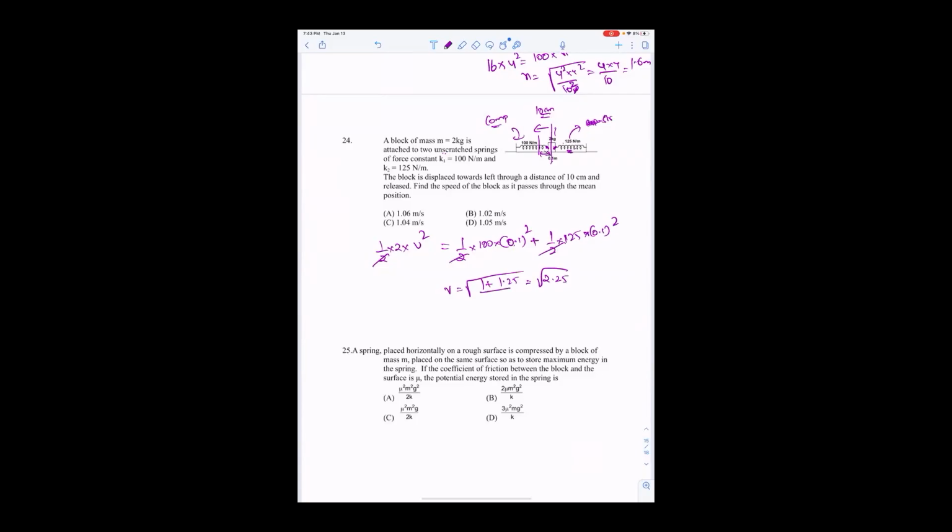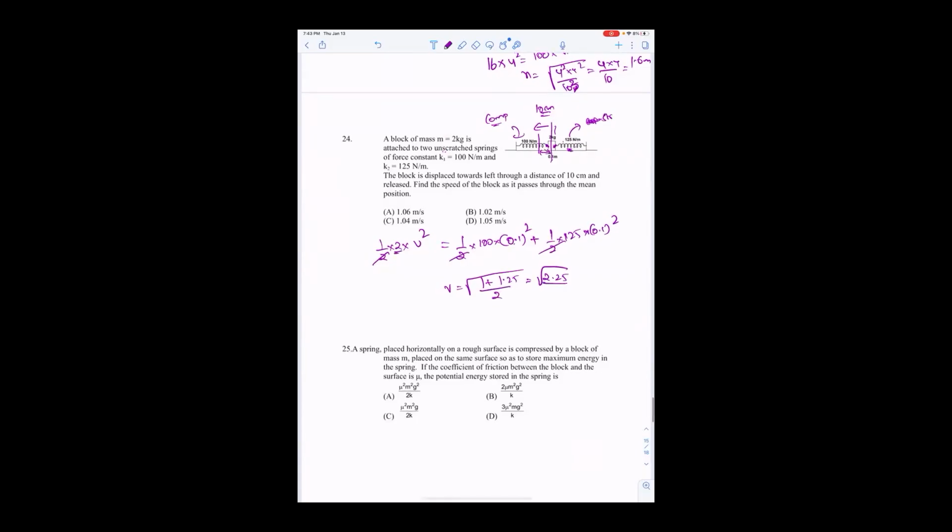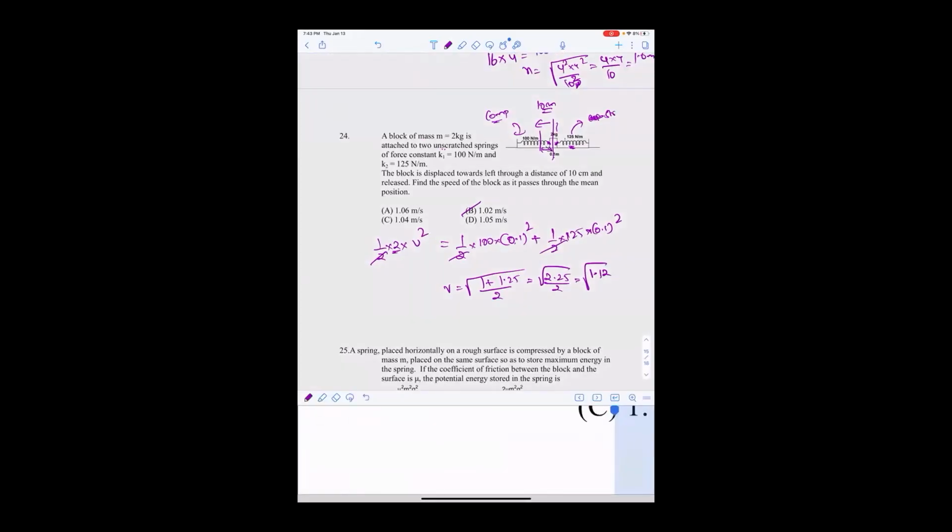Another 2 is there, sorry, so divided by 2. Under root 1.12, so 1.02. Am I right? Or 2s are 4, or 4 4s are 16.